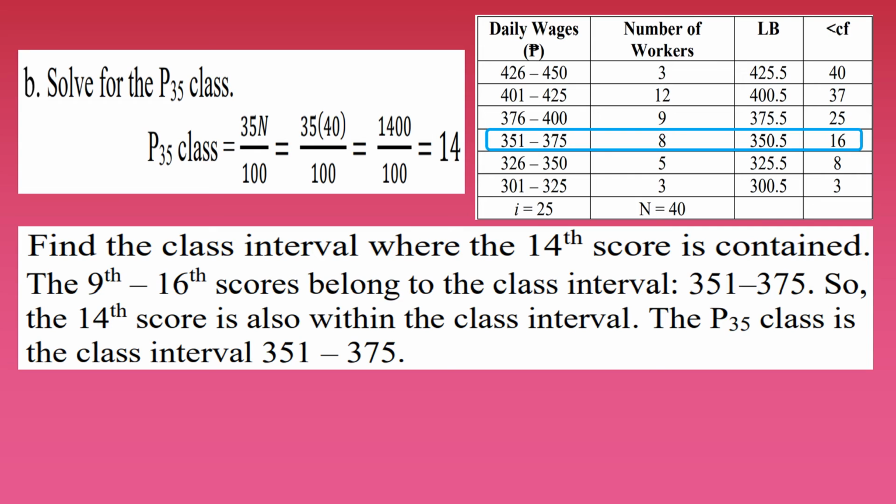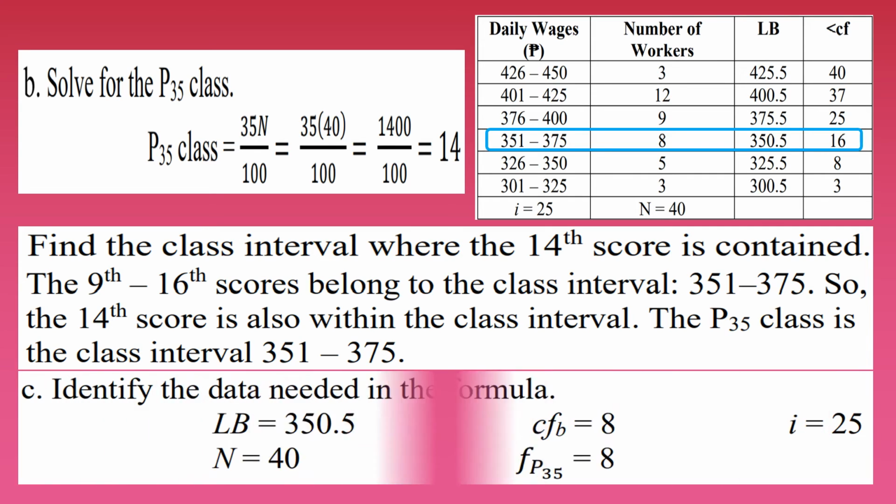The 9th to 16th scores belong to the class interval 351 to 375. So, the 14th score is also within the class interval. The P sub 35 class is the class interval 351 to 375.